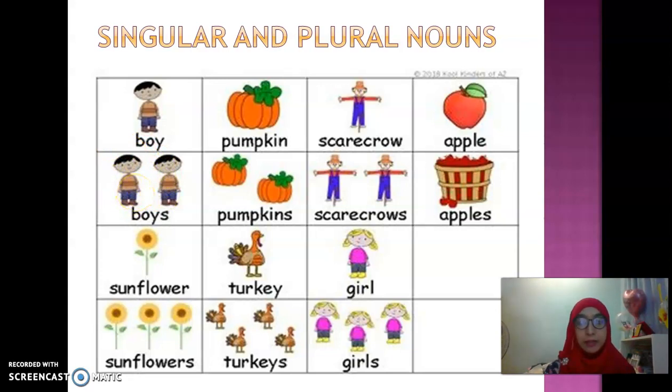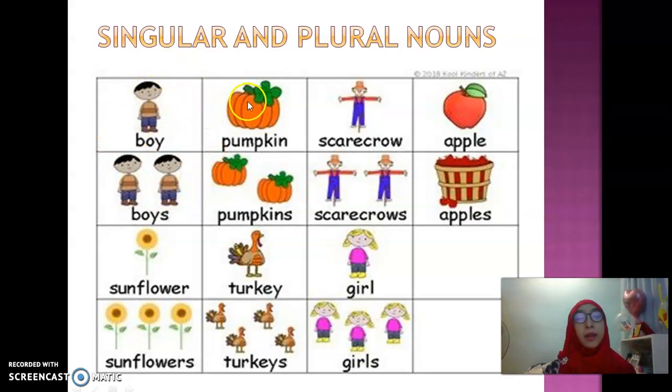All right, so there's actually 1, 2. It's more than 1. If it's more than 1, then it is a plural noun. So 1 boy, 2 boys. B-O-Y-S. Alright?